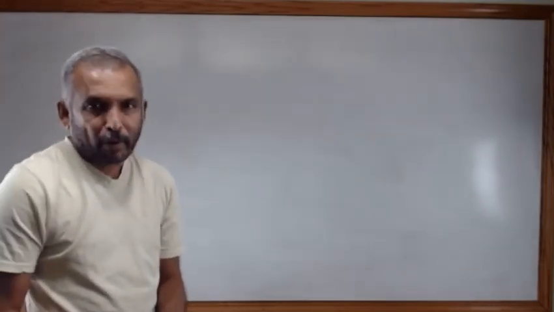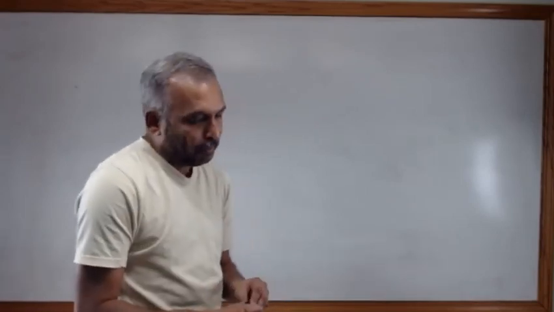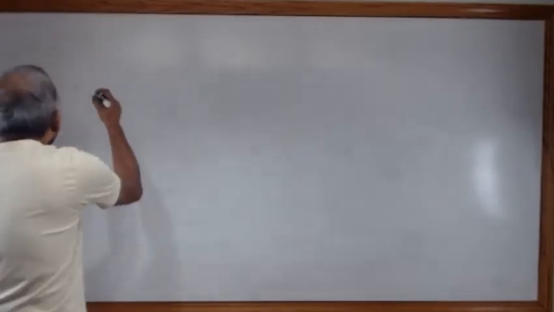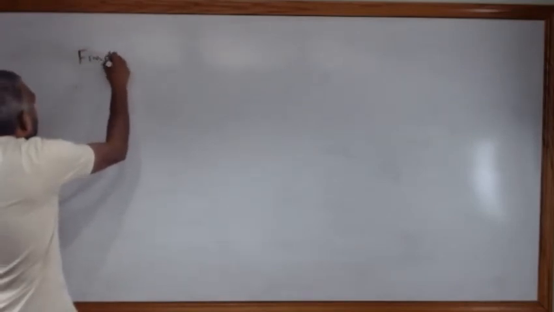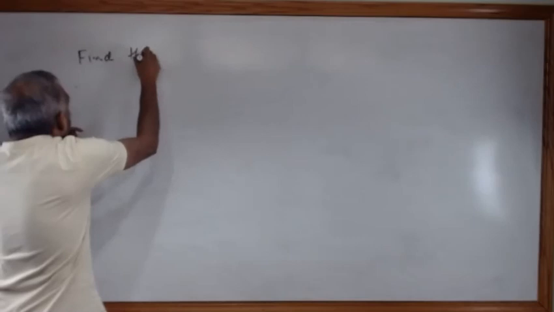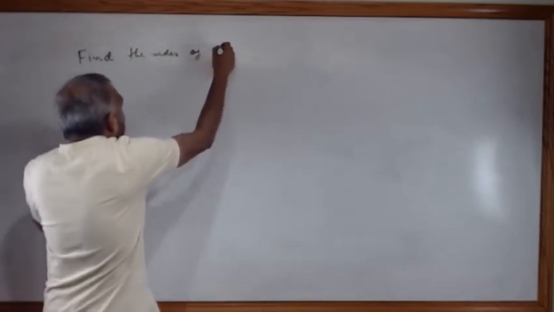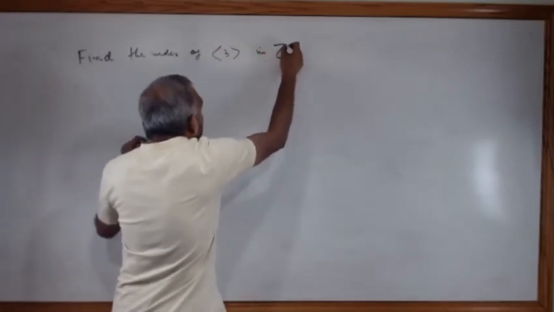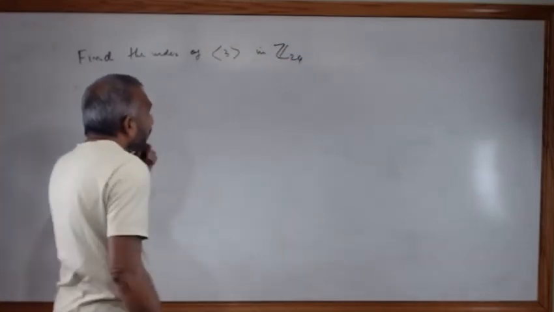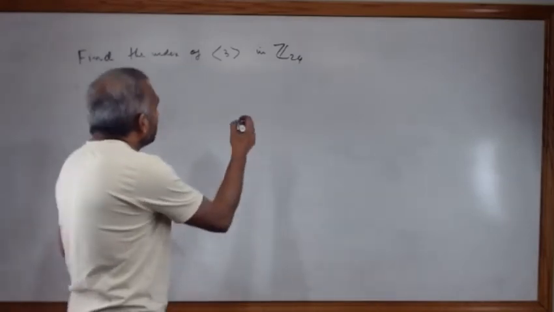We'll do a couple of problems before we close this chapter on cosets. The first problem we are going to do is find the index of the subgroup generated by 3 in C24. So what is C24?